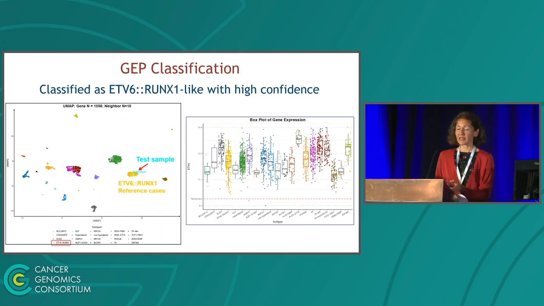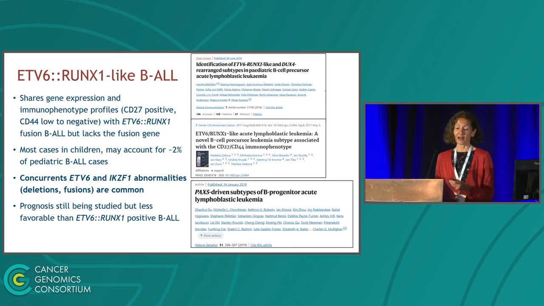When we looked at the expression profile for this case, it classified together with ETV6 RUNX1 reference cases, but it does not have the ETV6 RUNX1 fusion, so that puts it into the ETV6 RUNX1-like category. When we compared the characteristics of this case with what is known at this point about ETV6 RUNX1-like cases, it's known that they have expression profiles the same as ETV6 RUNX1, but without the fusion.